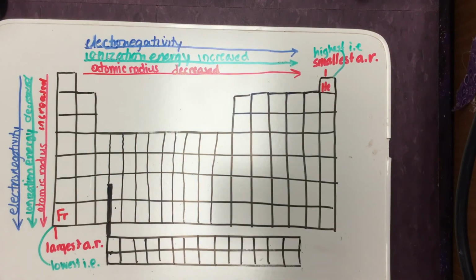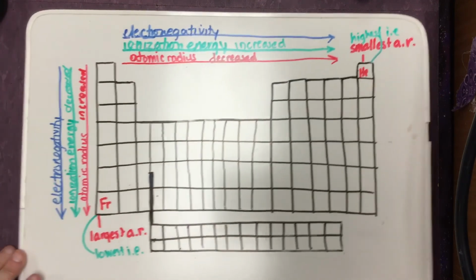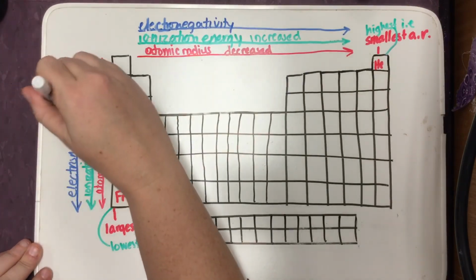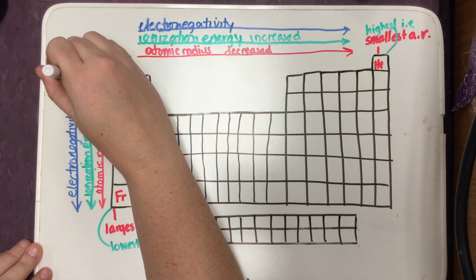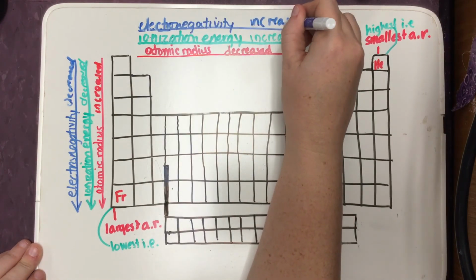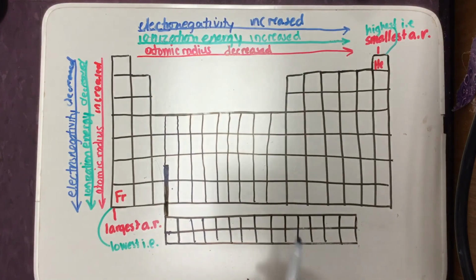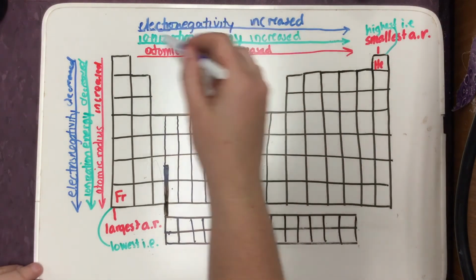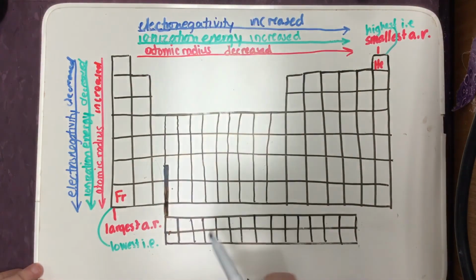And then finally, the last one we did today, the electronegativity. Electronegativity also decreased as you went down. It also increased as you went across. So we would say electronegativity and ionization energy are directly related, and electronegativity and atomic radius are inversely related.